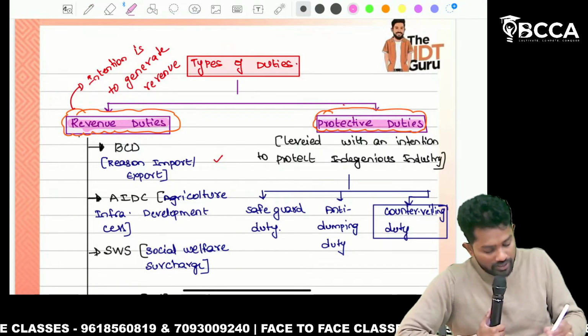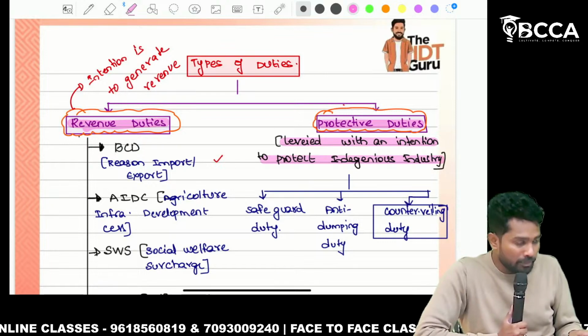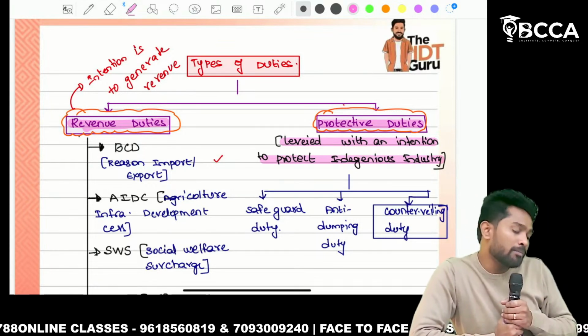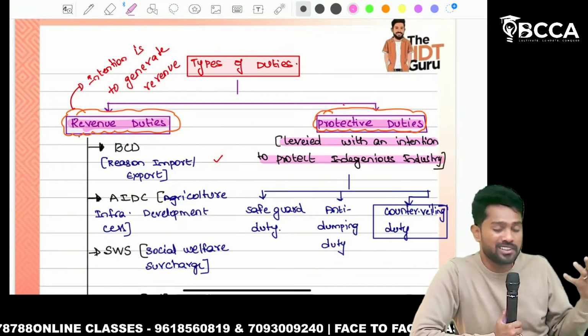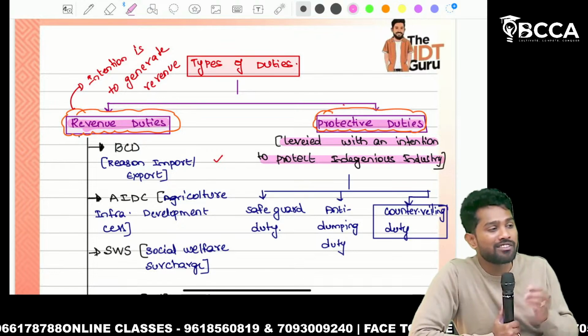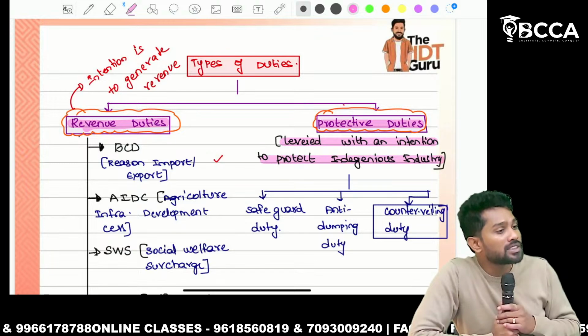It is levied with an intention to protect indigenous industry. I mean, when other countries' goods are being imported in excess quantity and dumped into India at a low price, if it is allowed, then our domestic industry cannot survive.